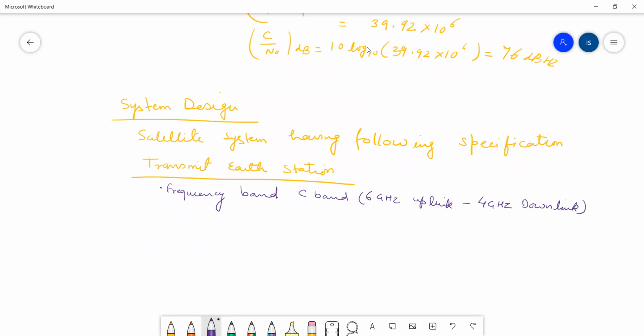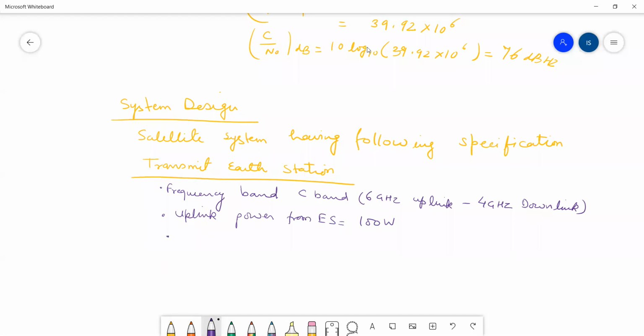Next is uplink power, the uplink power from the Earth station. Suppose it is 100 watt. Then antenna diameter.